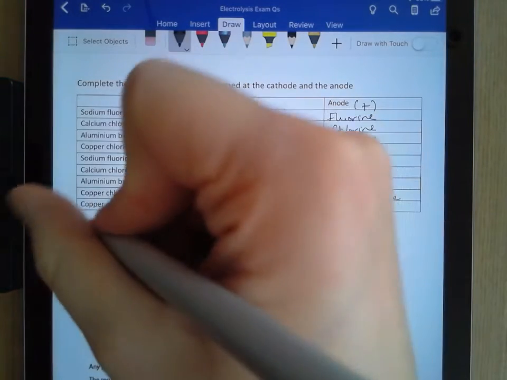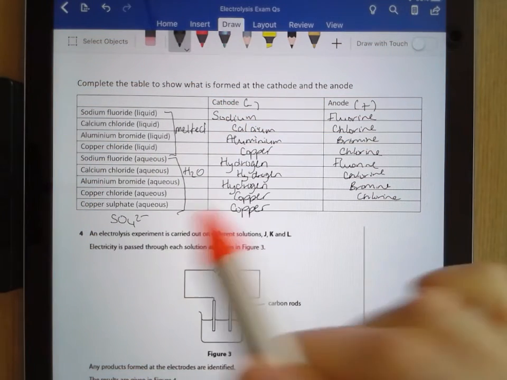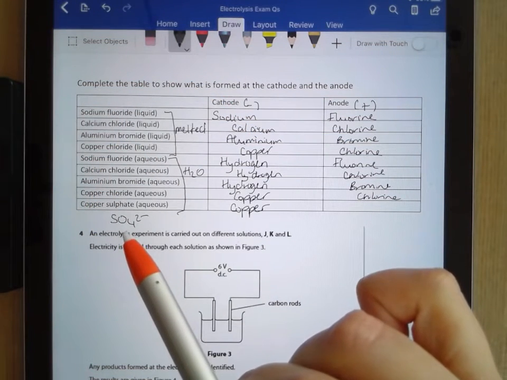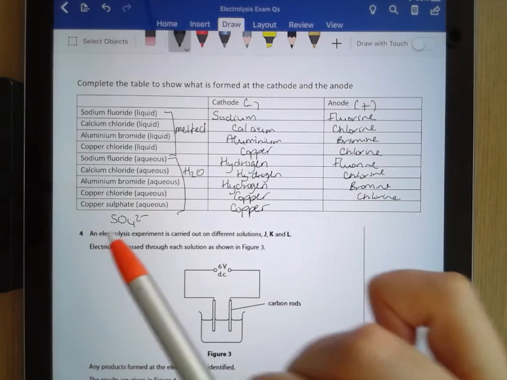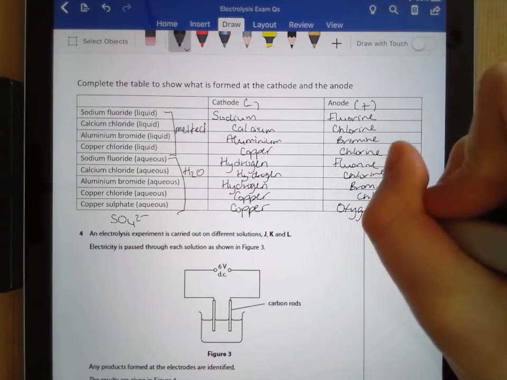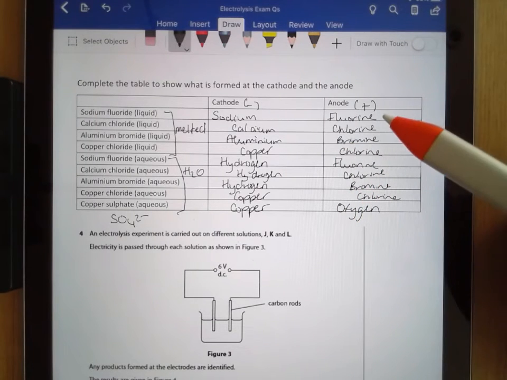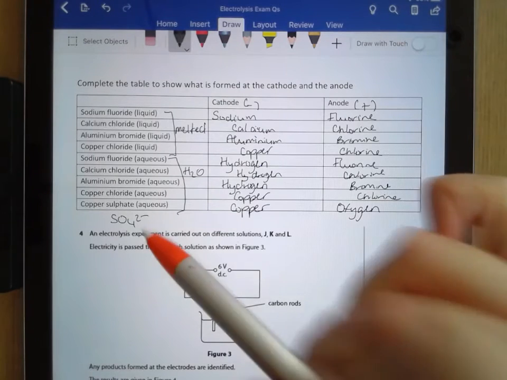Sulfate is made up of sulfur and oxygen. Neither of those are in group 7, so we can't use the rule that we've previously been using. Out of sulfur and oxygen, it's the oxygen that forms, which means at the anode, your answer is always a halogen if you've got a halogen, and then it's oxygen if you've got sulfate.